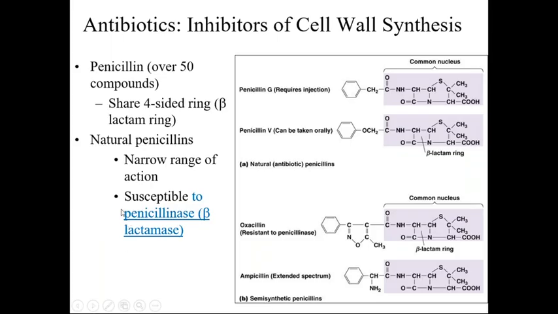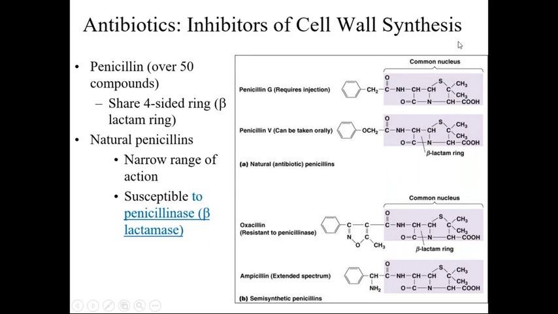So the inhibitors of cell wall synthesis are, first, penicillin, of which different forms are known. The active part of penicillin is this beta lactam ring. Commonly, ampicillin, many of you might have taken ampicillin. It is also from the penicillin group, and it has this beta lactam ring.